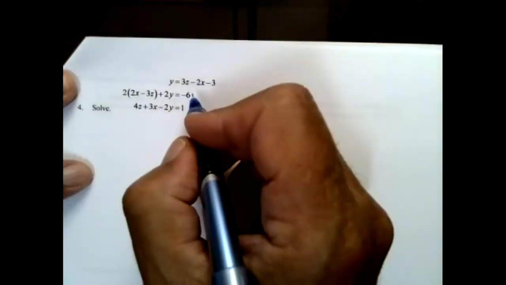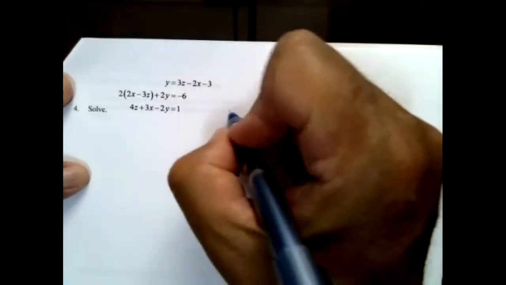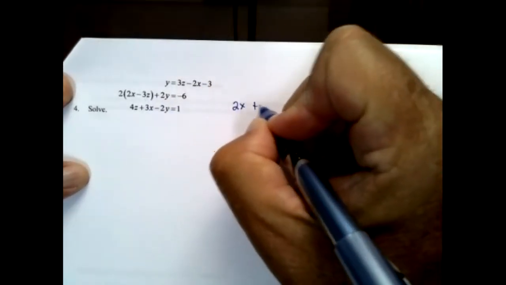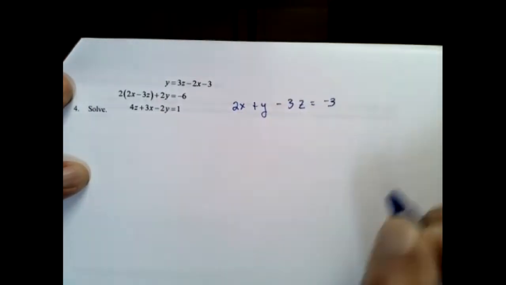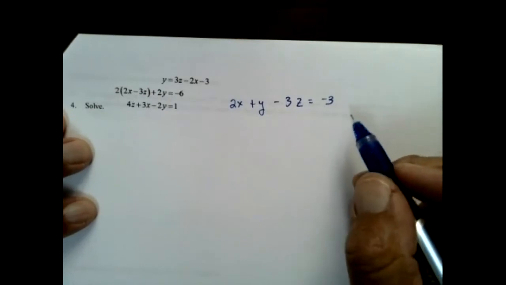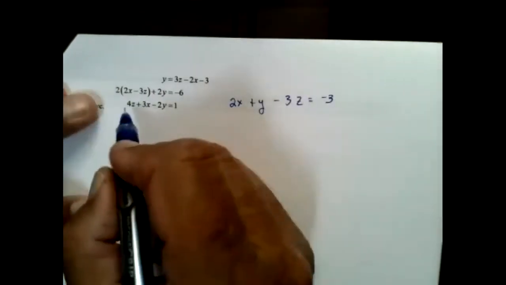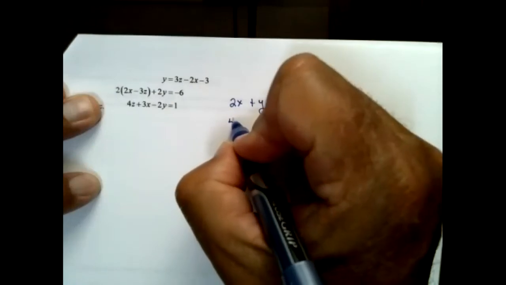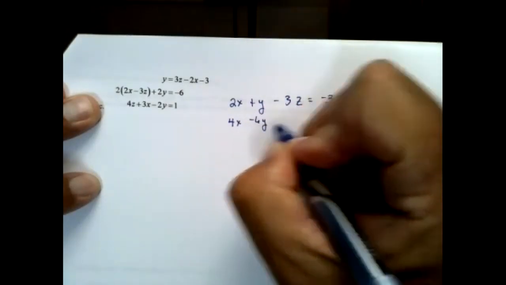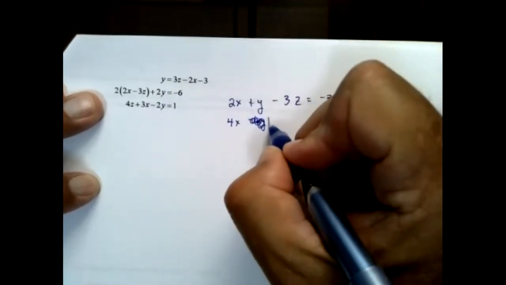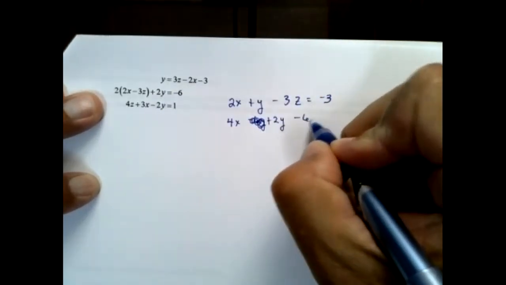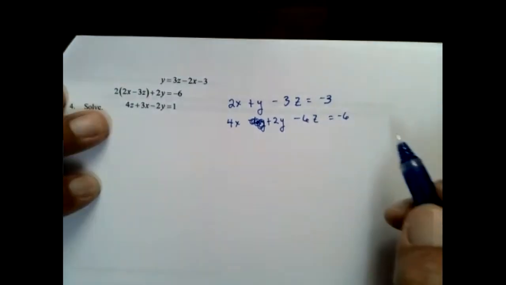If I looked at number 4 and its craziness, you would know the first thing is going to be, I'm going to get 2x plus y minus 3z equals negative 3. Get them into that nice, what we call standard form to start. This looks like 4x plus 2y minus 6z equals negative 6.